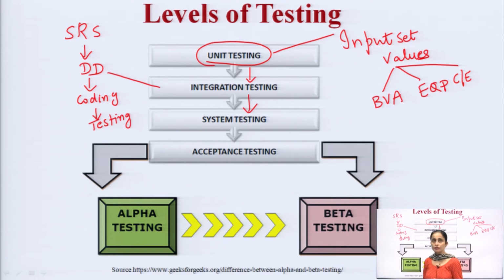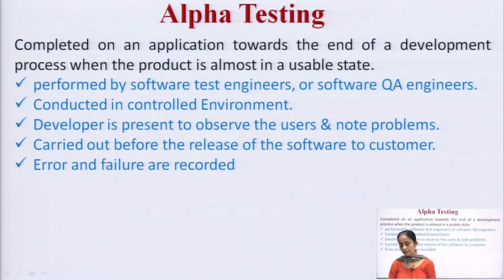System testing means the integrated modules are checked, and then we go for the acceptance of the product. Acceptance of the product means it is checked by the user, that is the customer, and the developer team. So, two types of testing, alpha testing and beta testing, come into the picture.